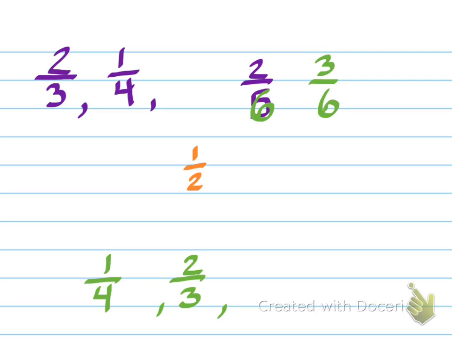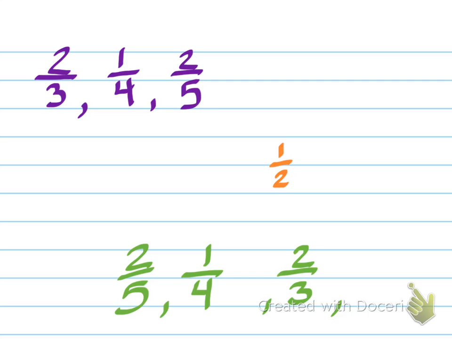And that's 3/6. So 3/6 is equivalent to 1/2. So if 3/6 is 1/2, 2/6 is less than 1/2. Good job. So if 2/6 is less than 1/2, chances are that 2/5 is less than 1/2. So we put 2/5 to the left.